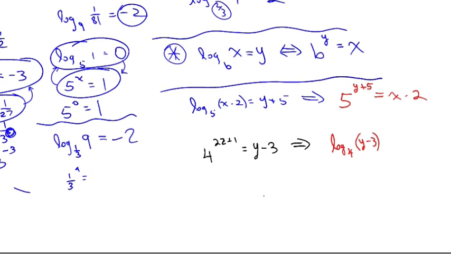And by the way, if you're going to give these things names, it makes life a lot easier. 4 is the base, 2z plus 1 is called the exponent. If I write 2 cubed, 2 is the base, 3 is the exponent. Y minus 3 is just an answer. So it's log base 4 of the answer is equal to the exponent, which is 2z plus 1.